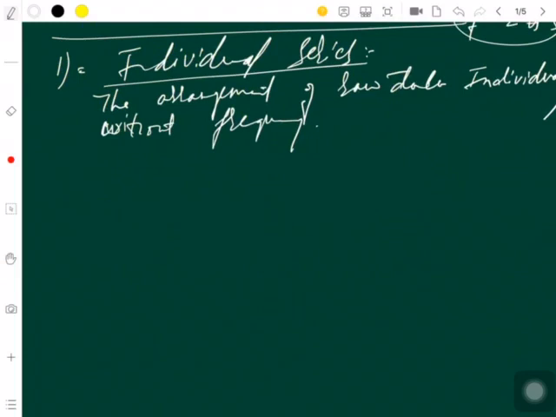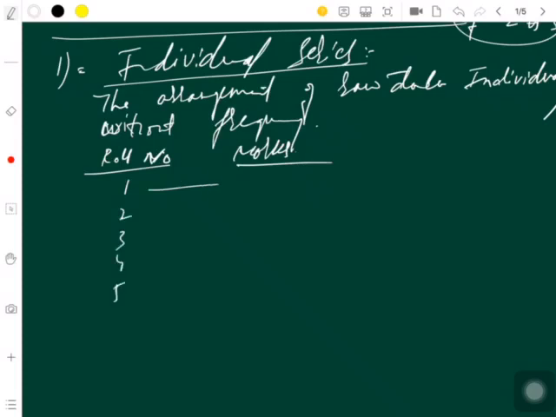Say you have some data pertaining to anything, let us say marks. You have marks of different students, say roll numbers. On the basis of roll numbers we will give marks. So roll number 1, 2, 3, 4, 5.